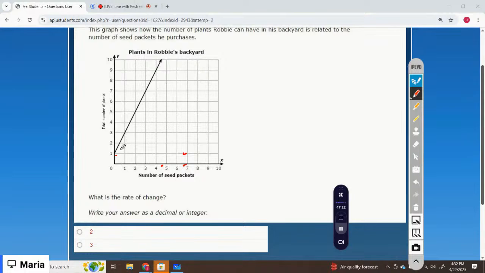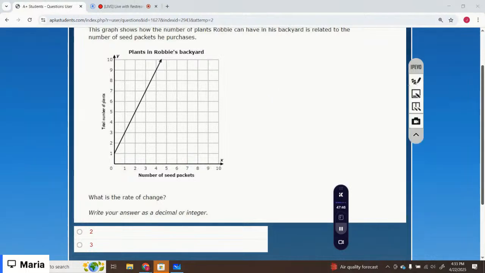So just select any 2 points on the graph and find the slope. The slope is change in y divided by change in x. The change in y is 1. Change in x is 1, right? So the slope of the graph is m equals 1. Option number 1 is the correct option.